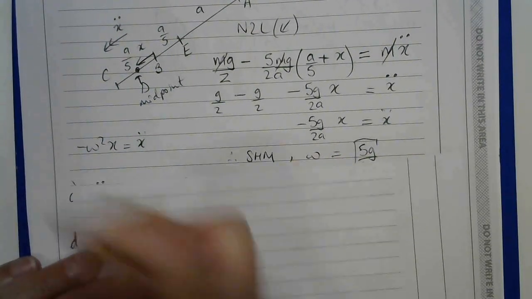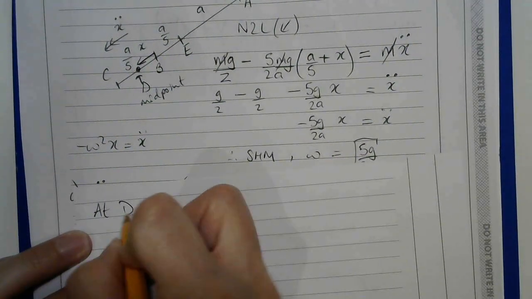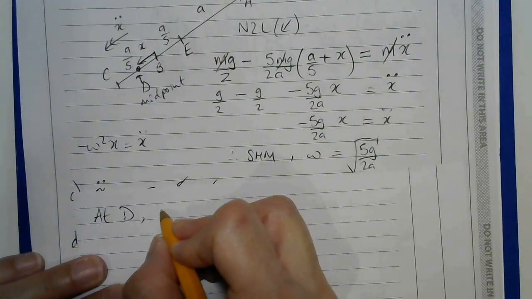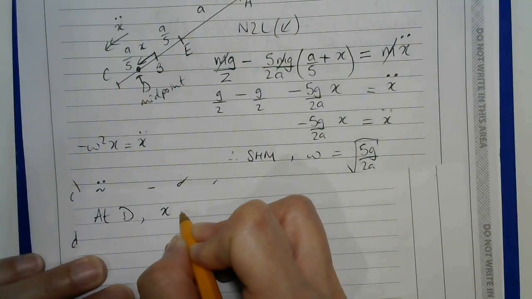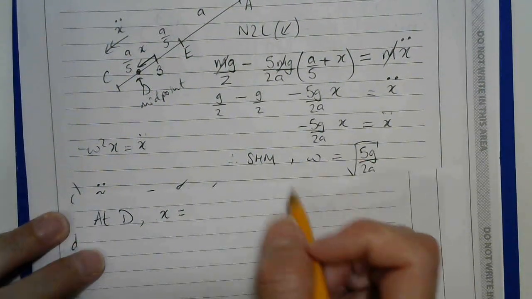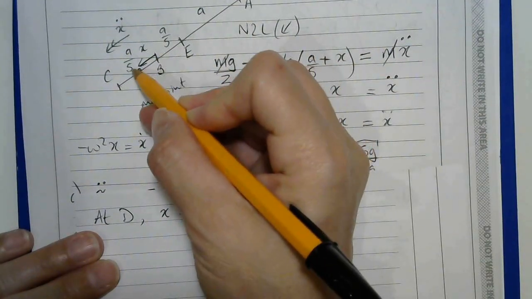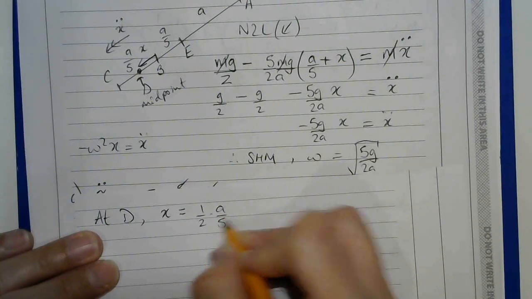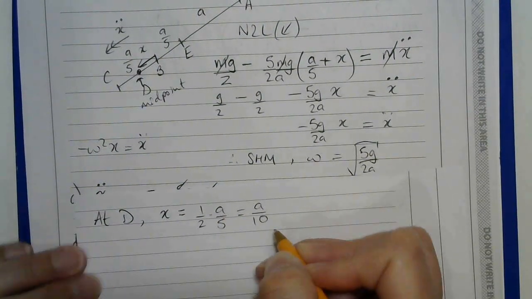So at D, x, and here we're using x measured from the equilibrium position. So it's going to be half of a over 5, which is a over 10.